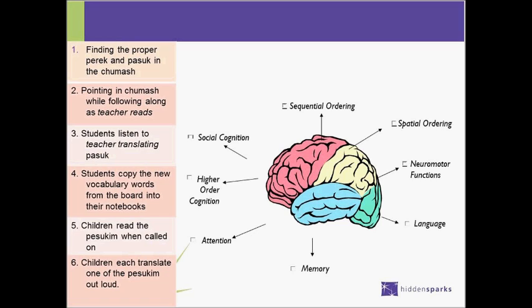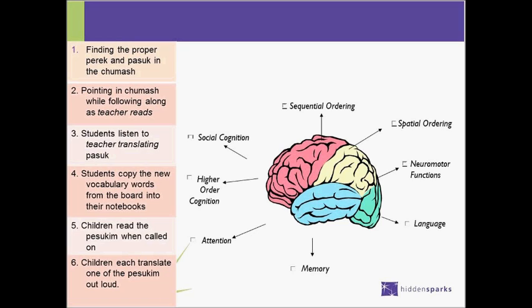And number 5, children read the psukim when called on. So reading psukim, what would we say that is? Memory, social language, attention and memory, language and memory, language and attention, the ability to understand how to read and recognize a letter or a word.